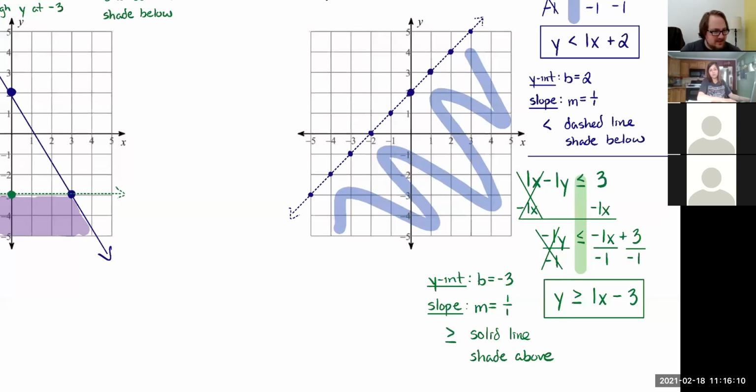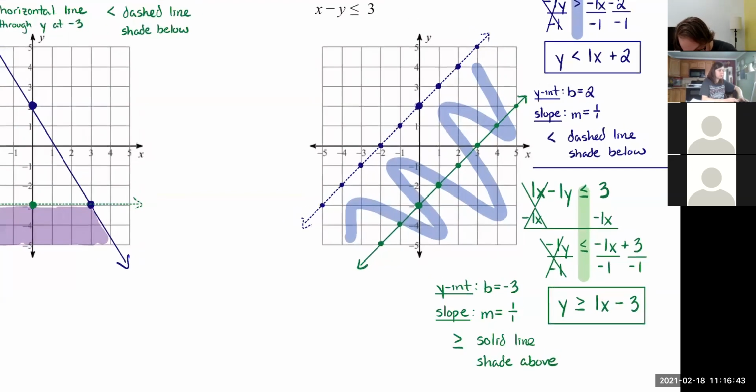Some of you probably already worked ahead, and that's because I'm slow. But if I start here on the y-axis at -3 for my first point, follow my slope up 1, right 1, or down 1, left 1, going through using a solid line as our inequality sign requested, and then also, according to the inequality sign, shading everything above it.